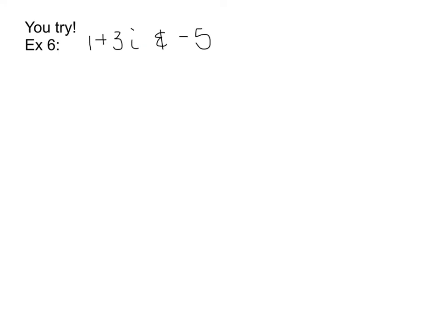Press pause, and I want you guys to try practicing writing a polynomial function that has roots of 1 plus 3i and negative 5. When it says it's a root, that means x equals 1 plus 3i, x equals negative 5, and then the conjugate root theorem says that x also equals 1 minus 3i.